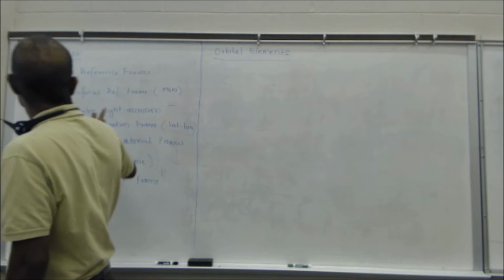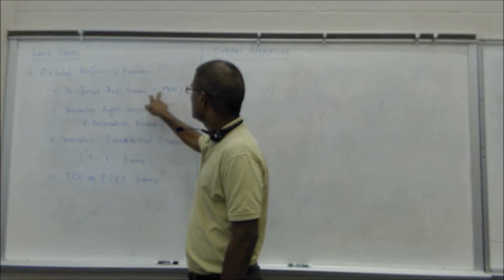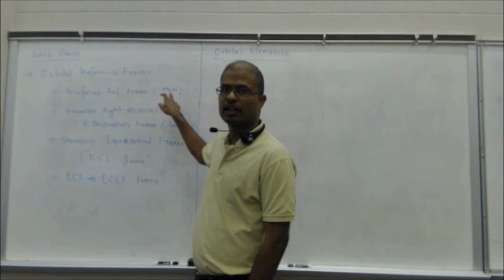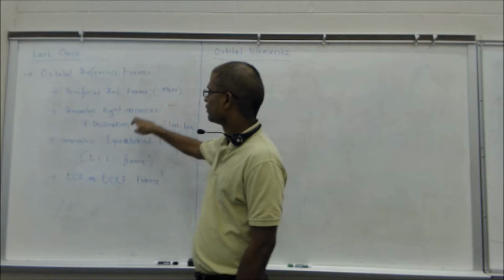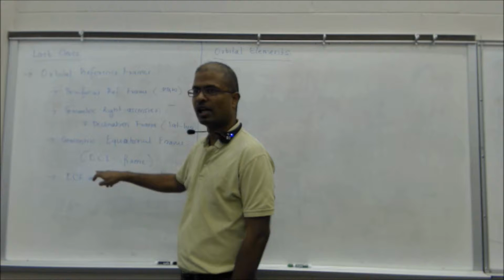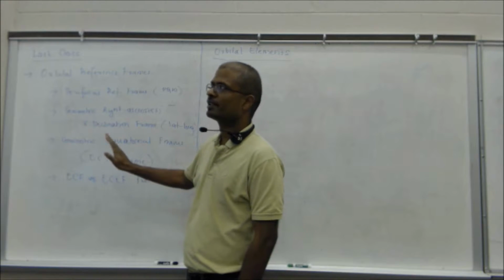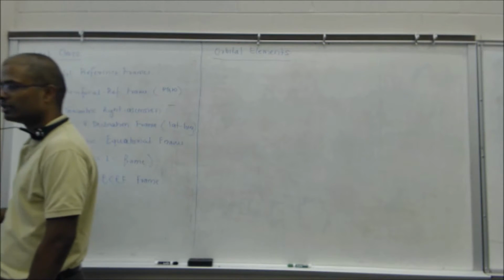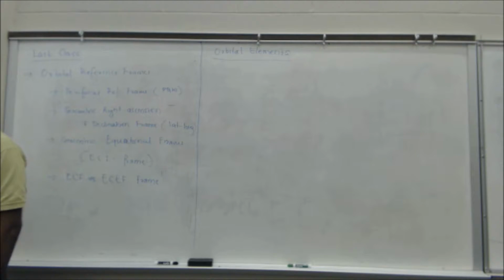For the perifocal frame, we define P and W. Q completes the triad. Similarly, for the geocentric equatorial frame, we define X and Z. Z is essentially perpendicular to the equator, or it's the axis of rotation, and Y completes the triad. The right-handed triad.